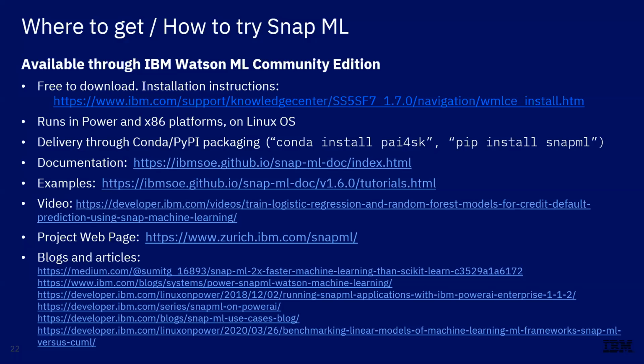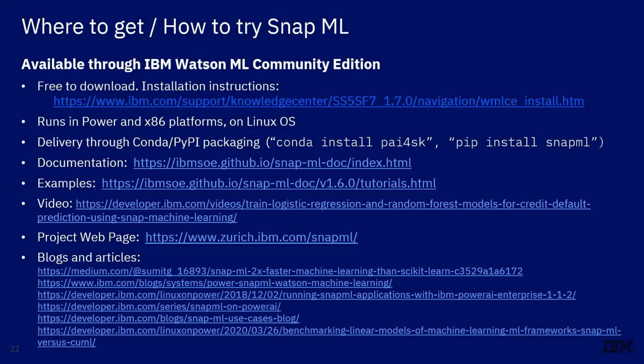And next chart, please. So finally, we'd just like to talk about how you can try it. How to get SnapML, how to install it. If you remember, in the beginning we said that SnapML is currently available through Watson Machine Learning Community Edition. At this URL, you can find the instructions for how to install Watson Machine Learning CE. It's very simple.